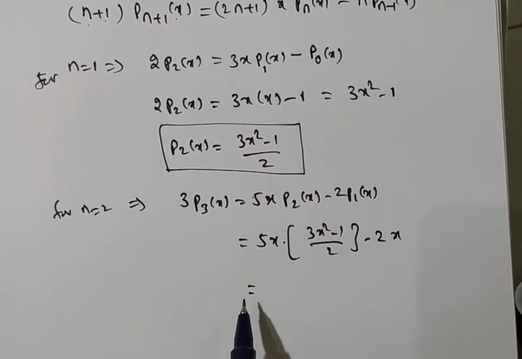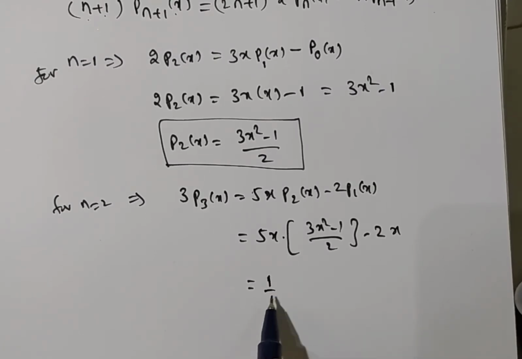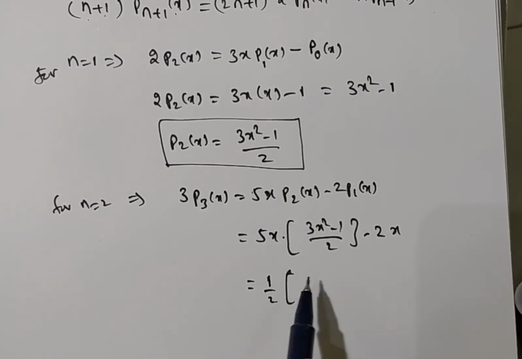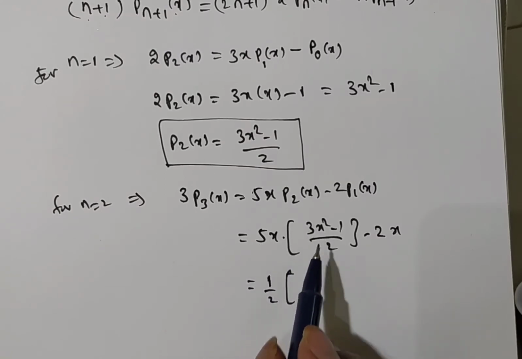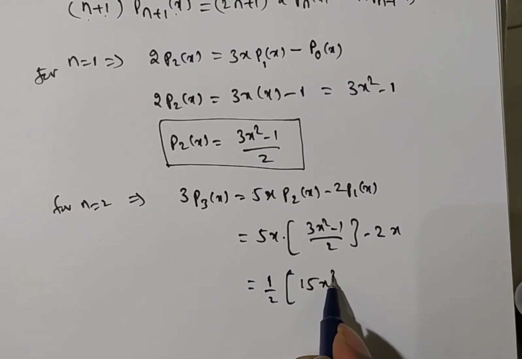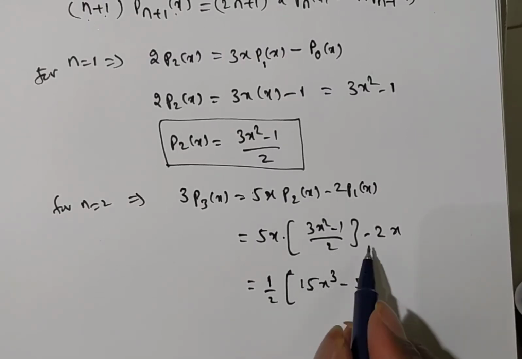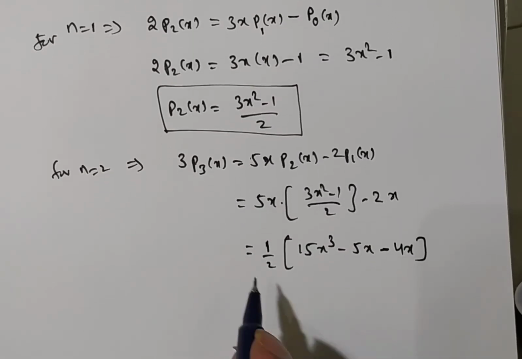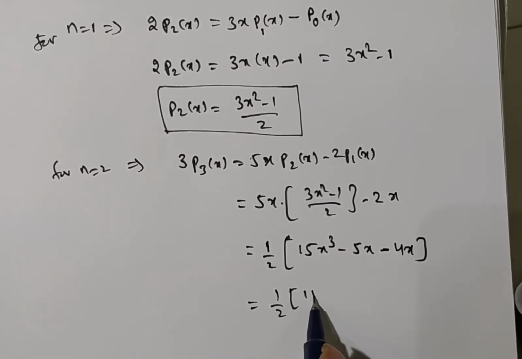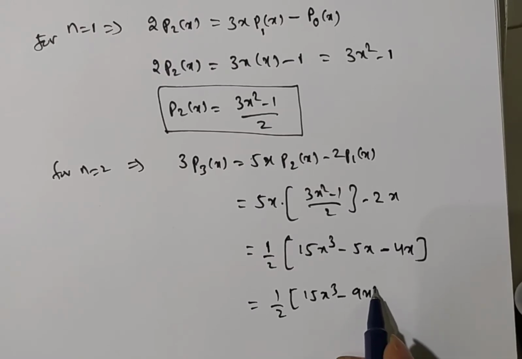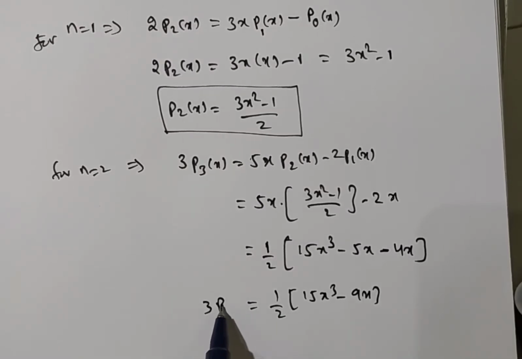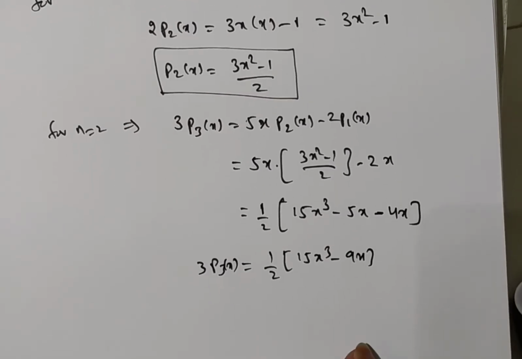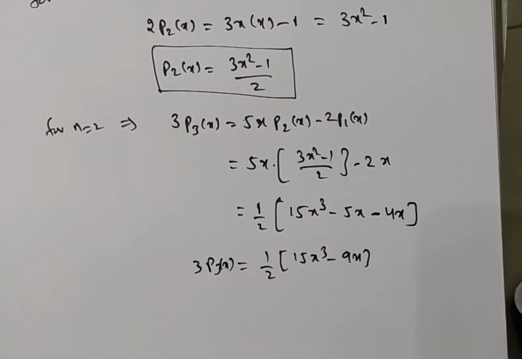Now simplify this one. The LCM is 2, so take 1/2 outside. 5x into 3x² is 15x³, minus 5x into 1 is 5x. Since the LCM is 2, the second term becomes 2 times 2, which is 4x, with a minus sign. Simplifying, 3 P3 of x = (1/2)(15x³ − 9x). But we want P3 of x only.